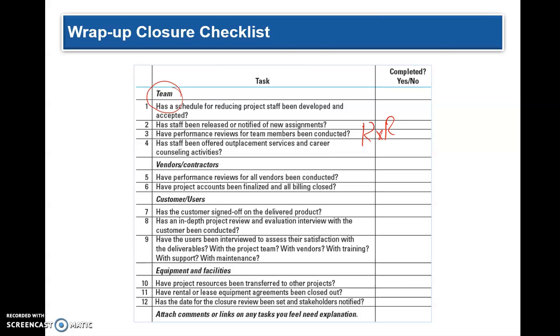And then make sure that any resources are transferred to the other projects, any rental or lease agreements are closed out, all these things. Make sure that you have a good checklist and follow up with that.